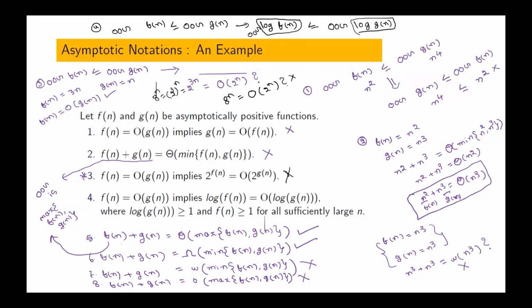So when two functions are given, whatever operation we perform, for example the log operation, does the relation change? Whatever example you want, you can take. For example, n square, and say n cube.